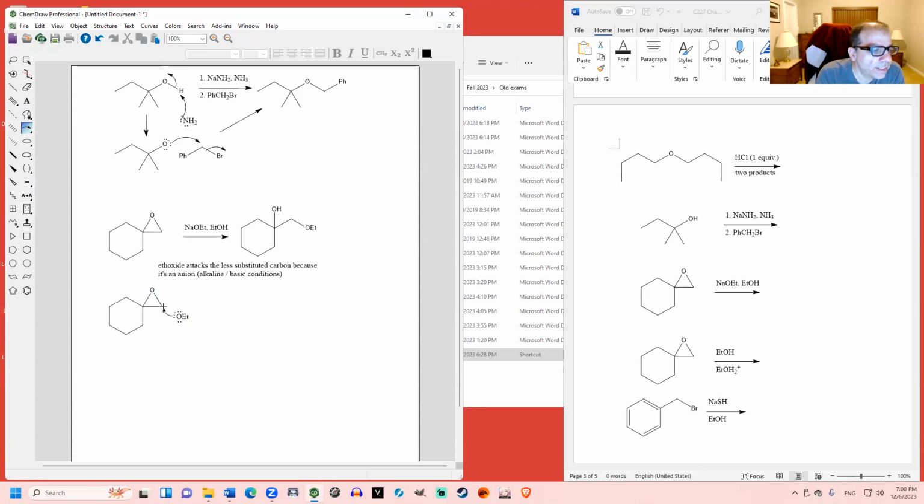So the ethoxide attacks the less hindered carbon, the less substituted carbon, because there's more room there. And breaks the epoxide ring.